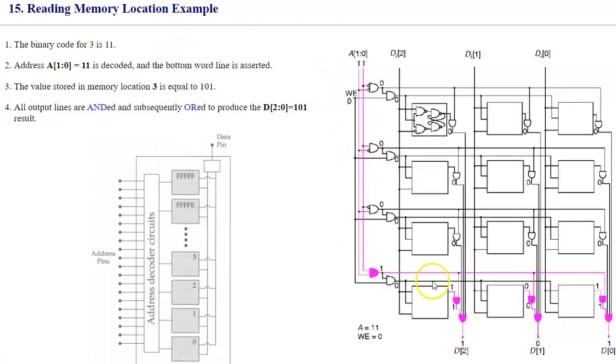So this is an example of reading a memory right here. Once again, we have the two address lines set to 1. Both are set to 1. So this is indicated by this highlighted sequence of wires. And then write enable is off.